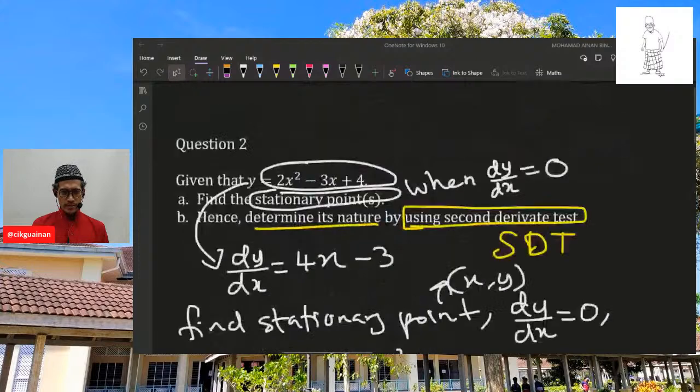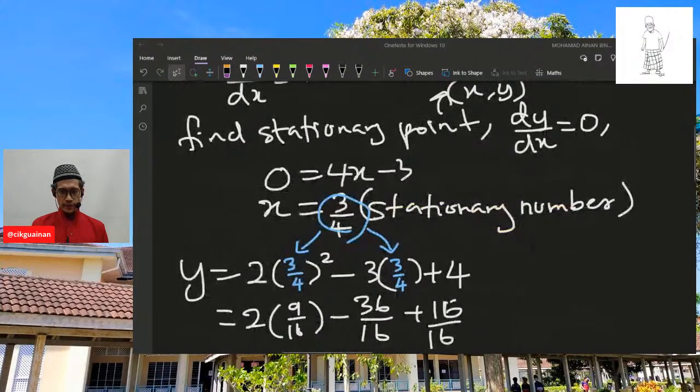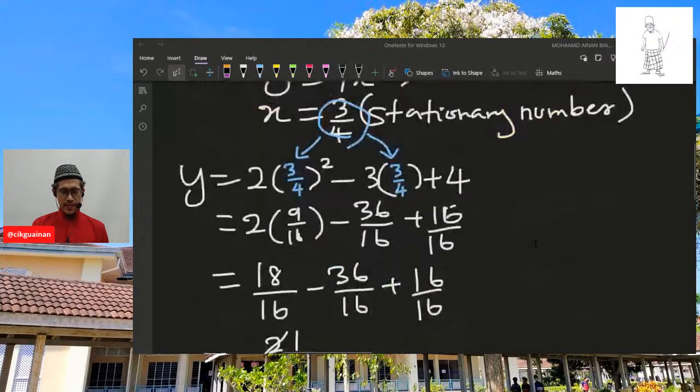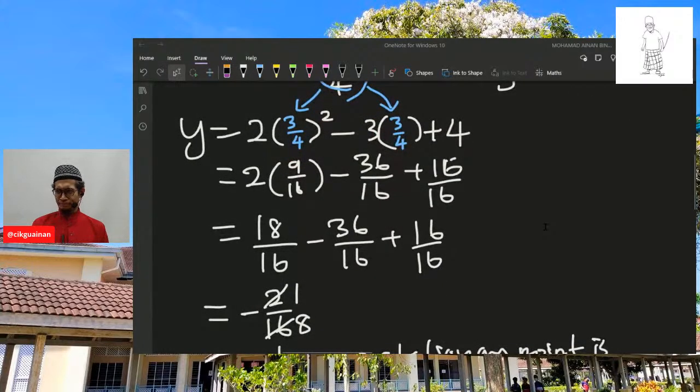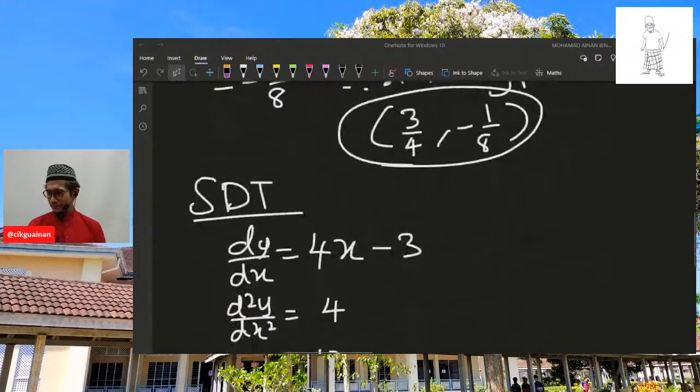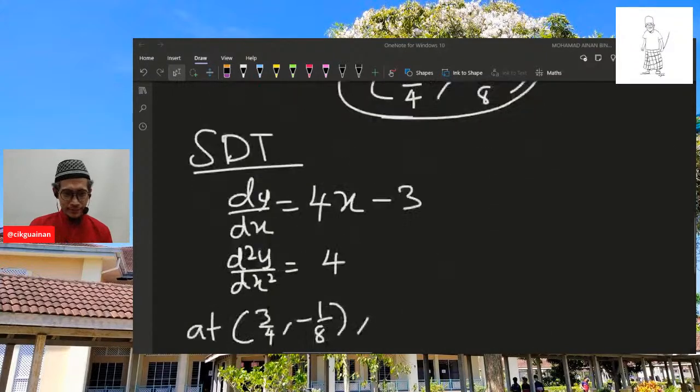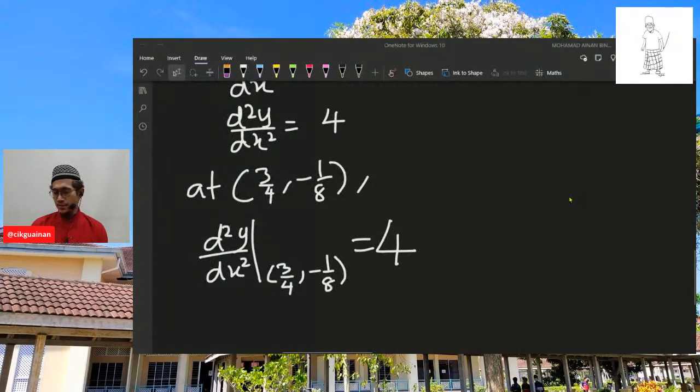Two times the square of 3 over 4, minus 3, the point of x is 3 over 4. 9 over 16, 9 over 4. How did you all get 23 over 8? That's fine, it doesn't affect much in the last point anyway.